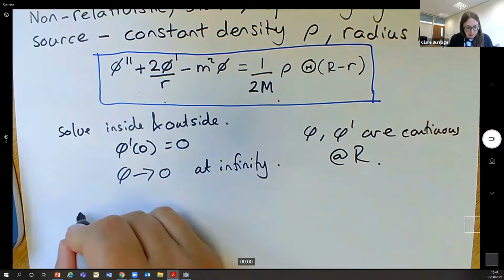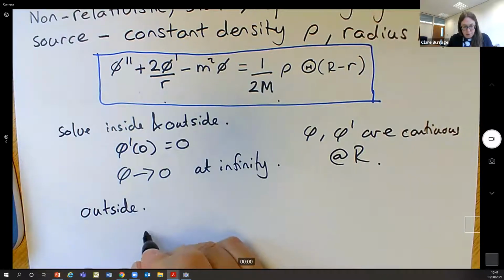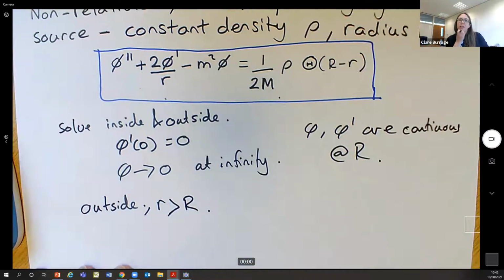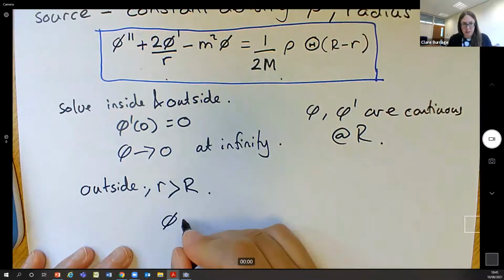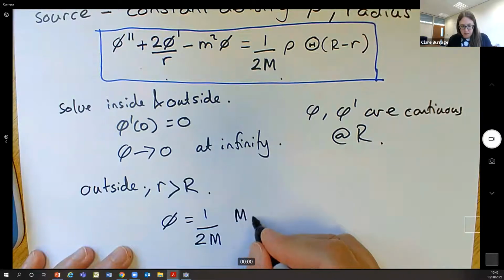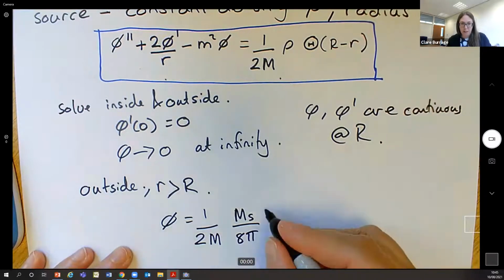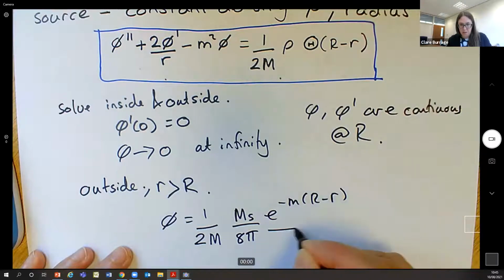And at the end of the day, if you work through the calculation again, we get that outside, so r greater than capital R outside our source, phi is, we've got a coupling again, the mass of our source over 8 pi, and we get e to the minus m r over r.